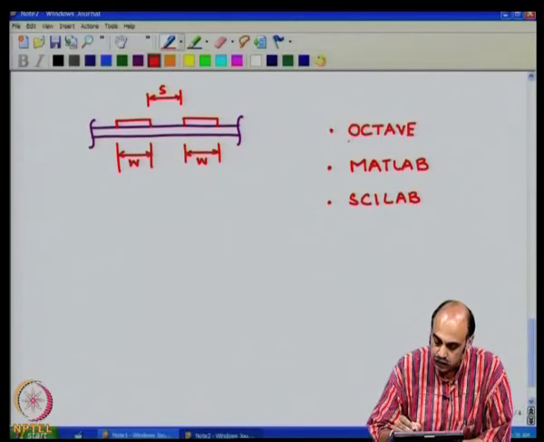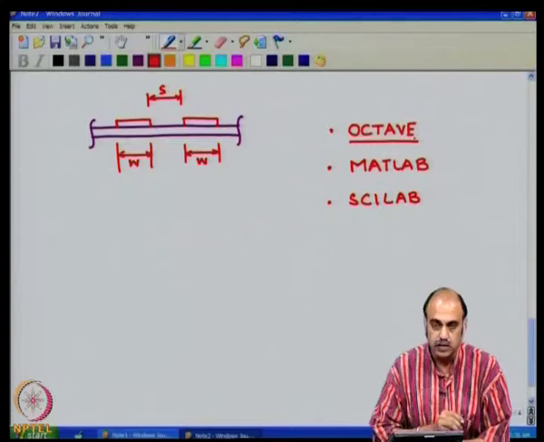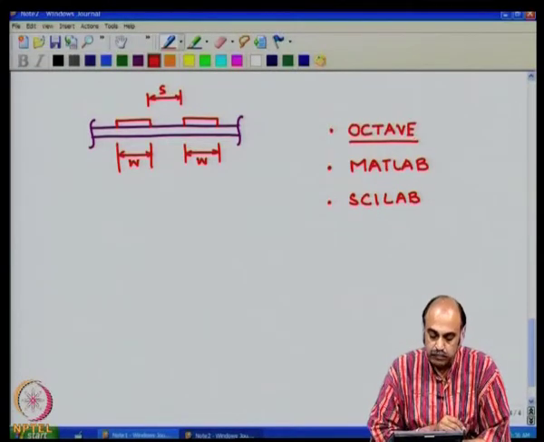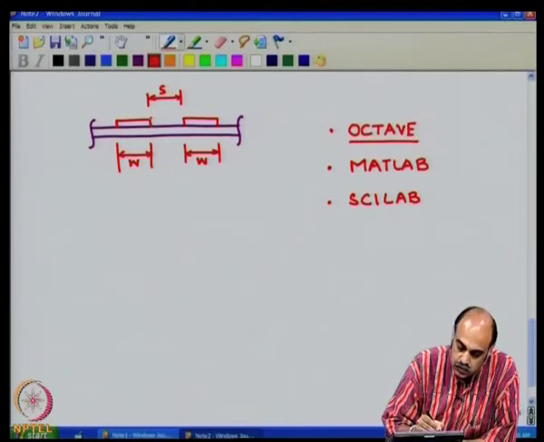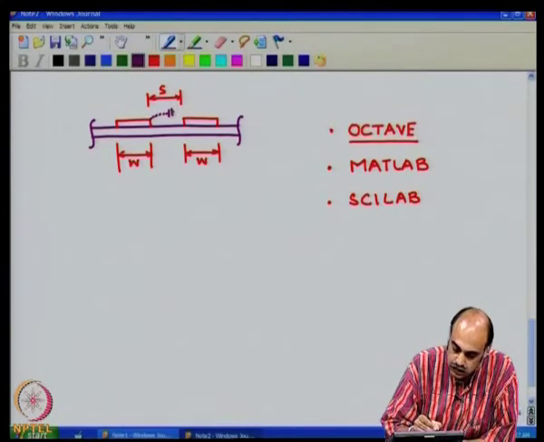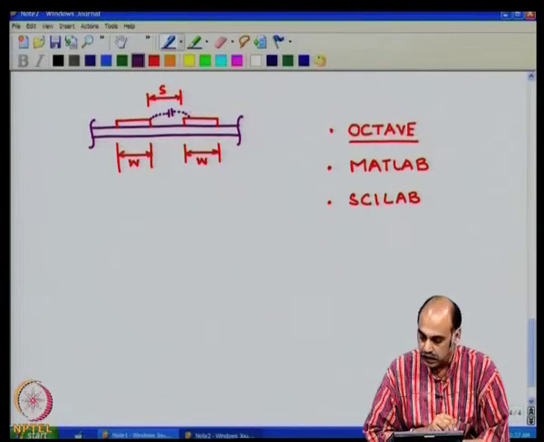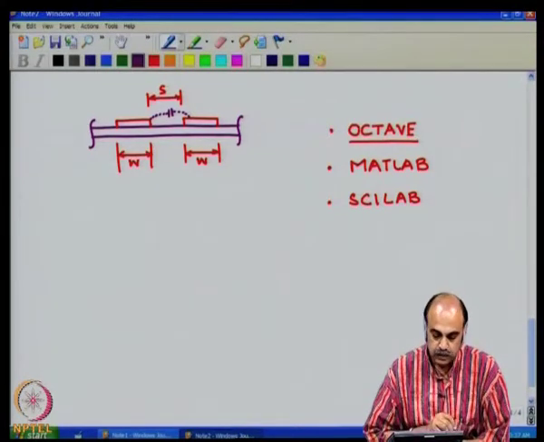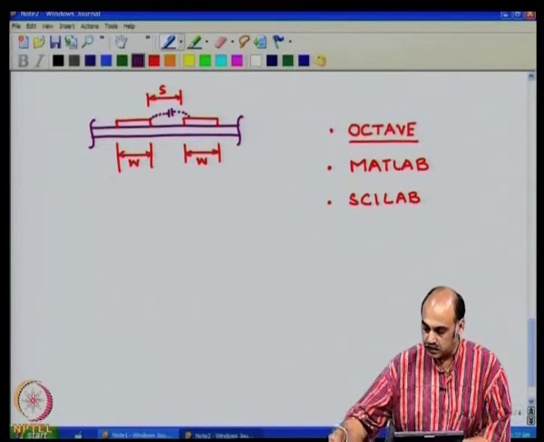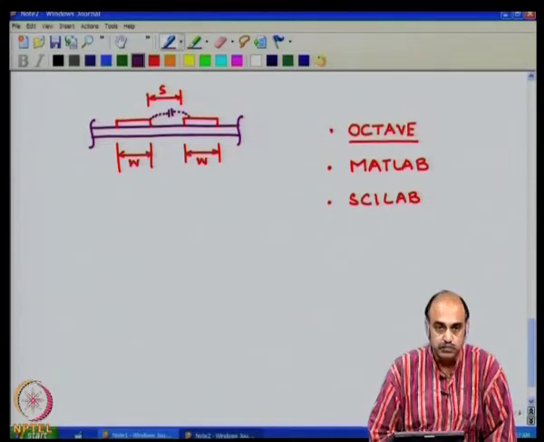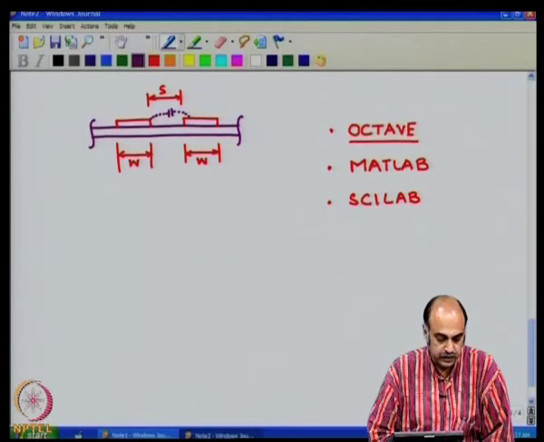Okay. So, right now let me try to demonstrate the capacitance between these two tracks. Our interest is in some kind of a nomograph, a graph, which will give us an idea of the relationship between the widths and the spacings between the conductors.